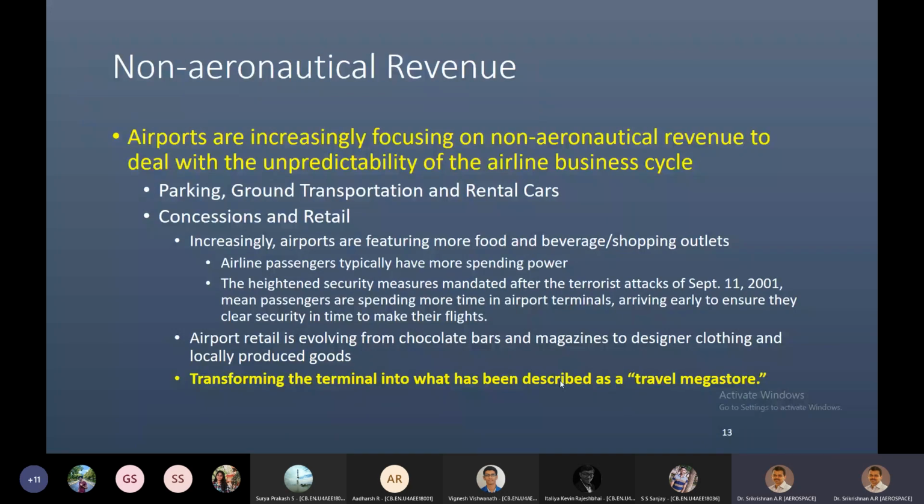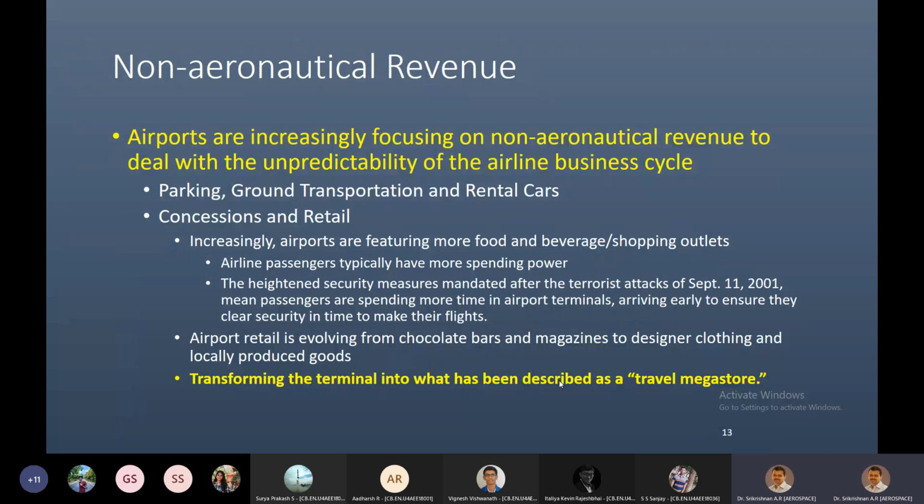For example, we have the prepaid taxi system. The income associated with having a facility called the prepaid taxi system, by way of the rentals that they pay, etc., is all related to non-aeronautical revenues.